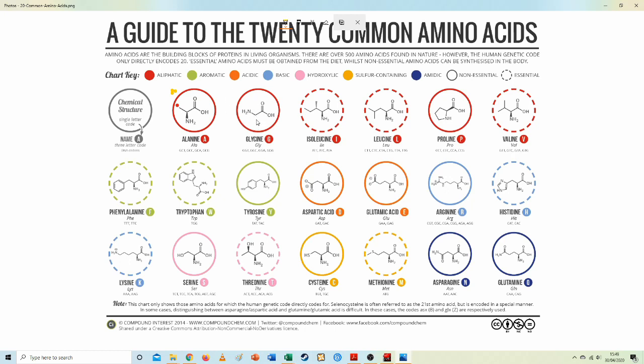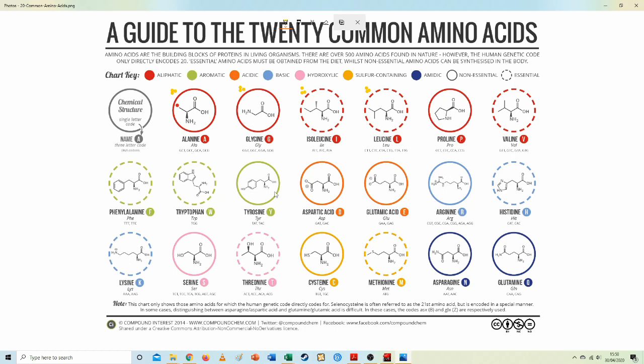Glycine's actually our most basic amino acid, and our R group is actually just a hydrogen coming off of here, and so this one is pretty hydrophobic as well. Isoleucine and leucine, once again, they have an extended hydrocarbon R group, so their R group is just hydrogens and carbons. So once again, this is going to be quite hydrophobic, and this one too.